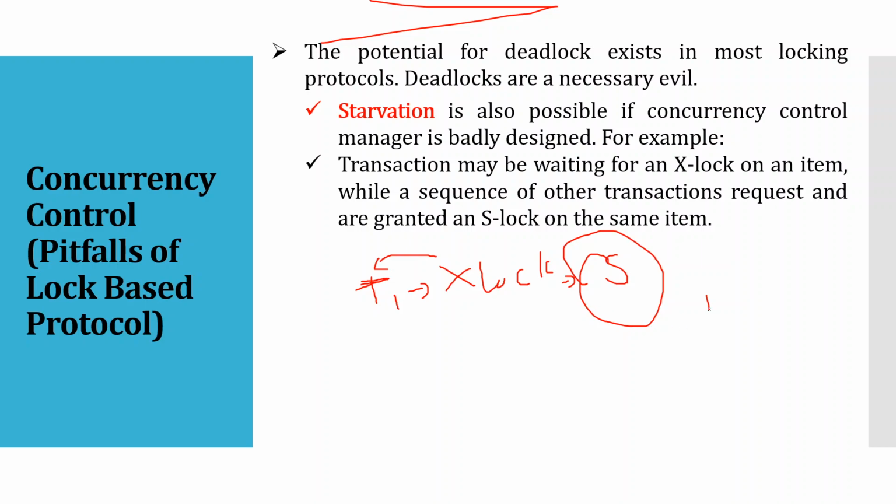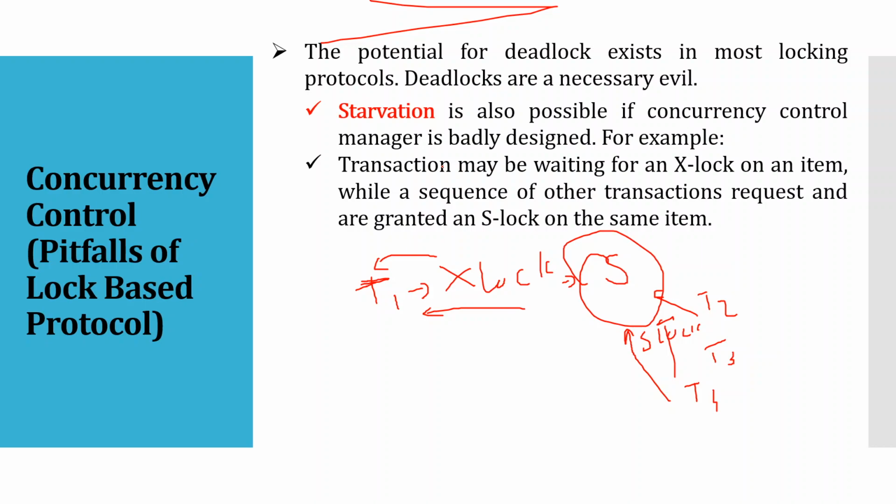At the same time, T2, T3 and T4 request for S lock, right? They request for S lock and they are given the S lock. That means they request for shared lock and they are given the permission to have the shared lock on the same data item while keeping this particular transaction waiting.